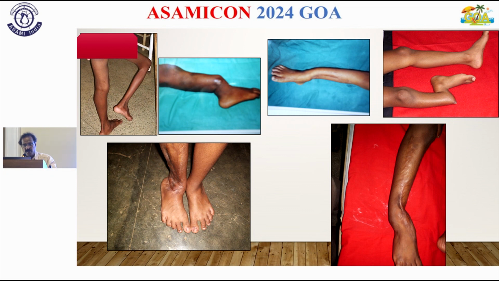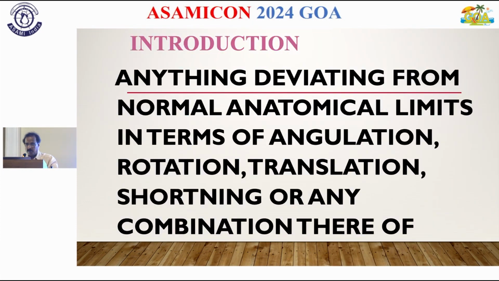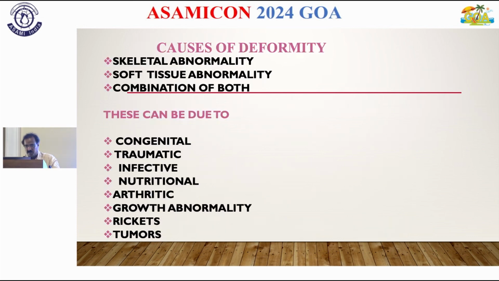In India, tibia deformities are much more post-traumatic. These are the cases you come across in OPD. But anything deviating from the normal anatomical limits in terms of angulation, rotation, translation, shortening, or any combination thereof, is a crooked deformity.